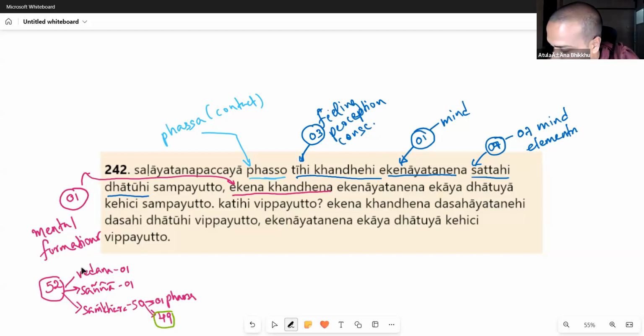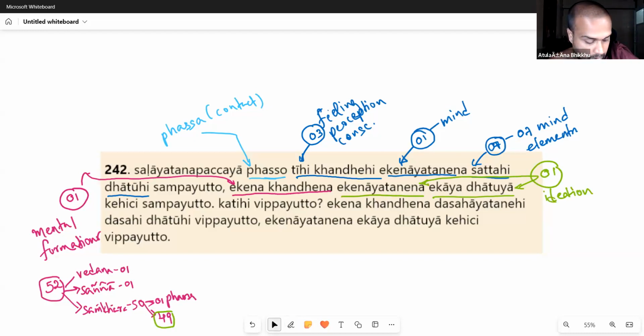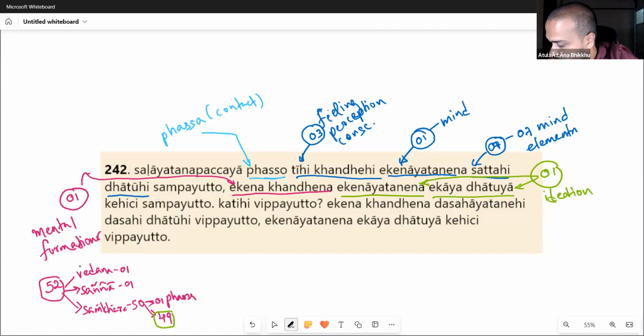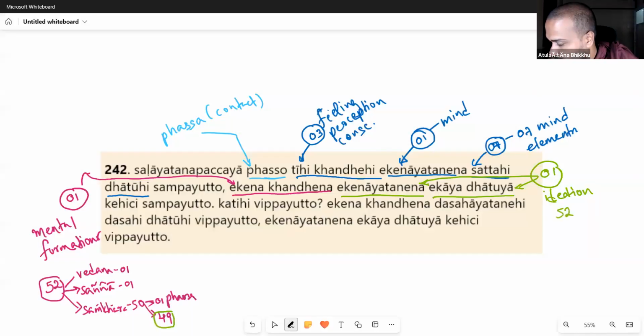Now we move to the next one. Ekena ayatanena ekaya dhatuya Kehichi Sampayutto. So this one is the ideation element and the ideation base. So in the case with the ideation element and with the ideation base, from those 52 mental factors, we deduct the phasso, right?